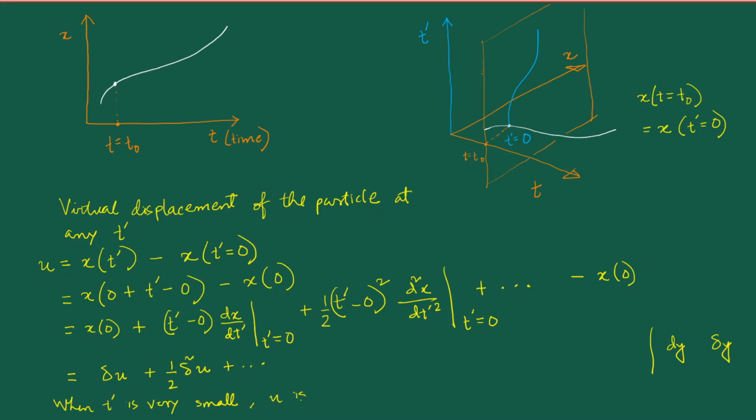In such a situation, u is well approximated by only the first term, which is delta u. And it is this delta u which you can think of as the virtual infinitesimal displacement, which we are talking about in our definition.